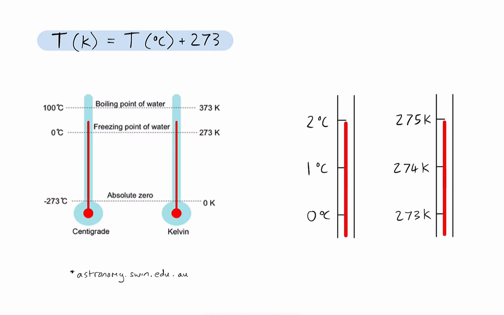So because the gaps between centigrade measurements and Kelvin measurements are equivalent, we can say that a change in temperature in Kelvin is going to be exactly the same as the change in temperature in degrees Celsius. So if one number goes up by 10, the other number will go up by 10.